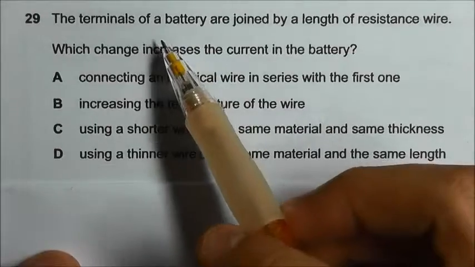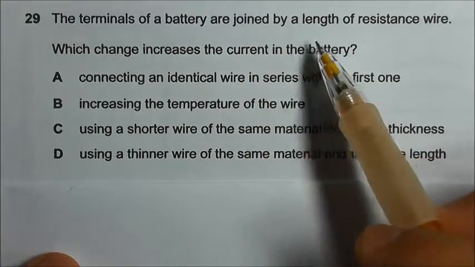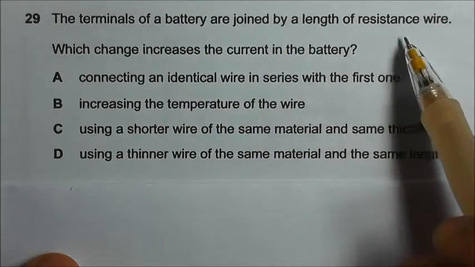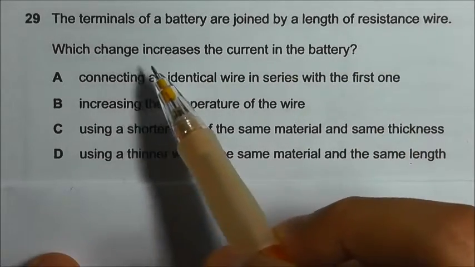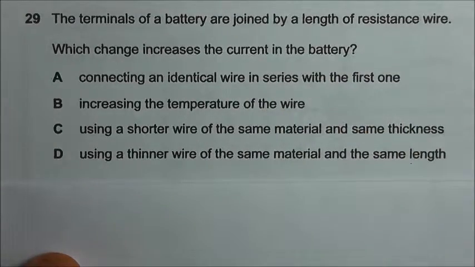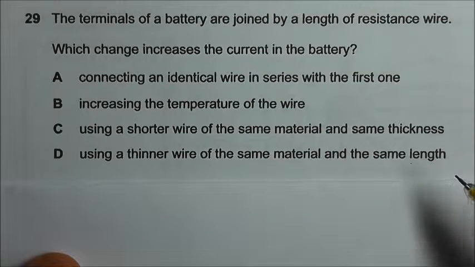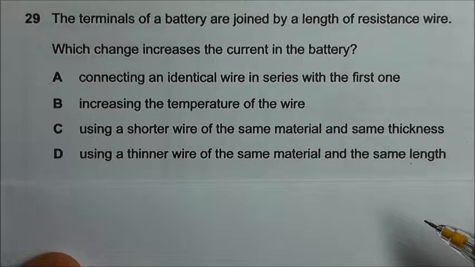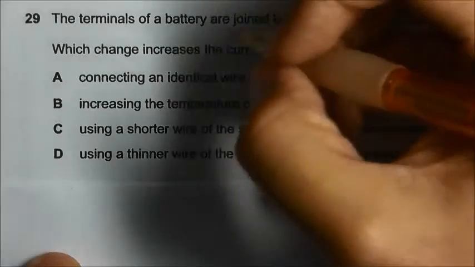The terminals of a battery are joined by a length of resistance wire. Which change increases the current in the battery? We might want to look at the relationship between current and resistance.